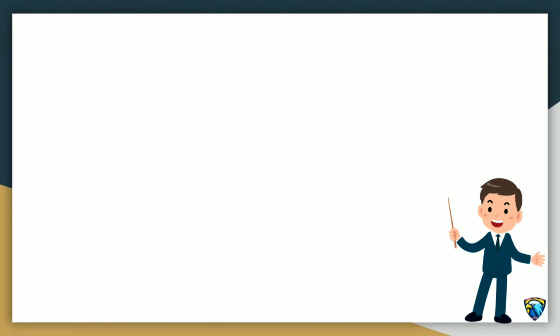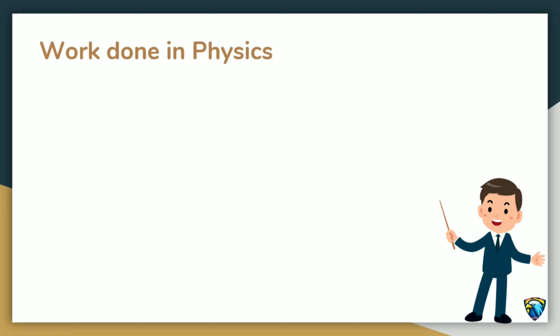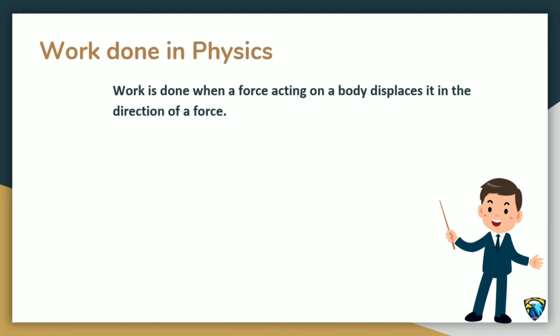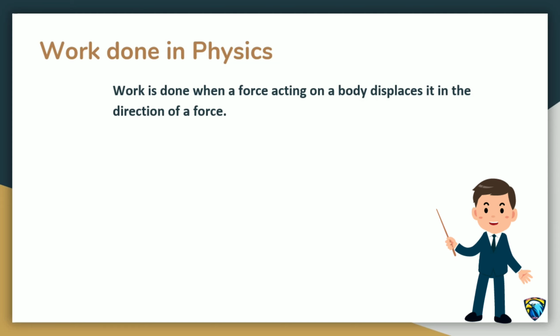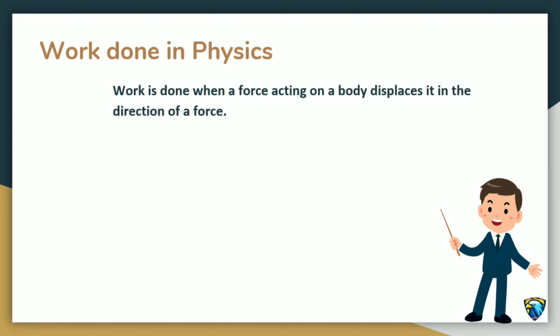Now move toward the definition of work done. The definition of work done is based on two things. The first one is force and the other one is displacement. So the definition is: work is done when a force acting on a body displaces it in the direction of the force.